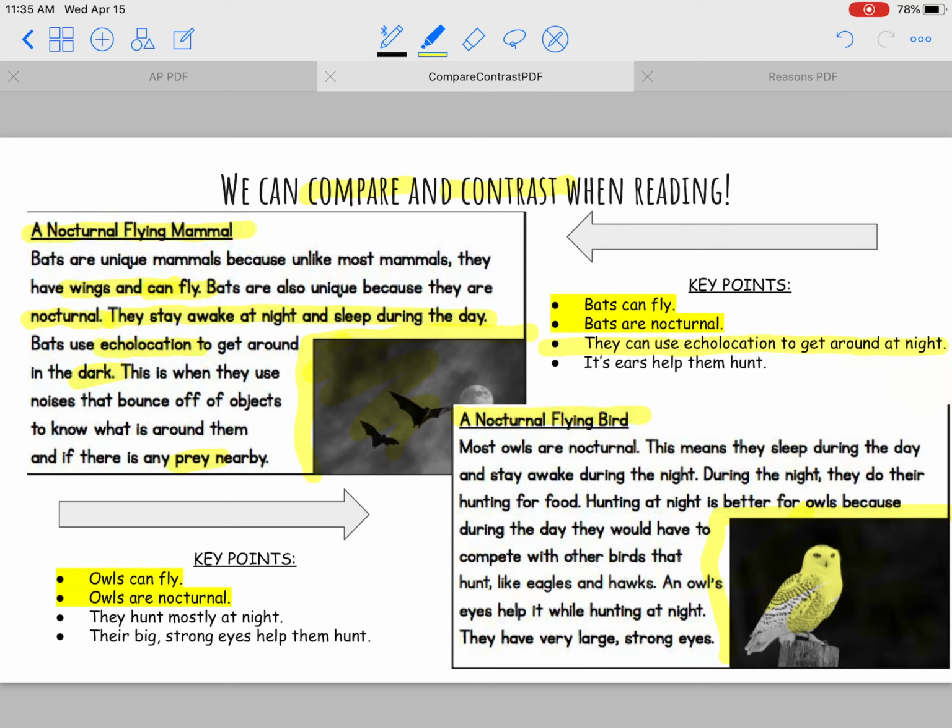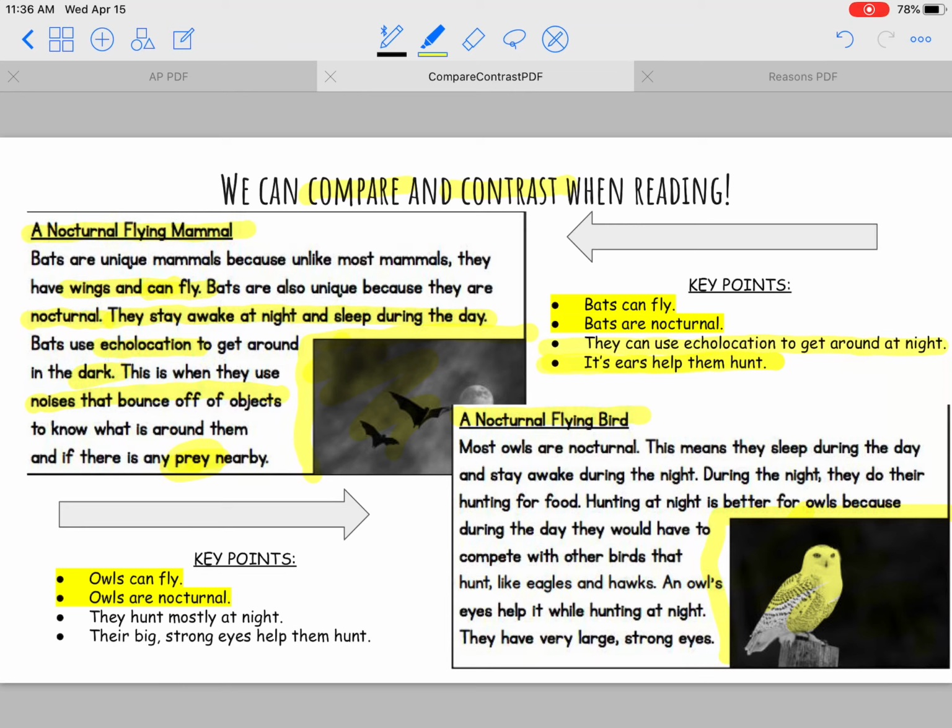And I know what prey means, and I know that this means that bats are going to do a lot of hunting at night to find their prey, okay? It also says in the passage that noise bounces off of objects, and this helps them know where their prey are. So I can gather information from the passage and infer that their ears are going to really help them hunt.